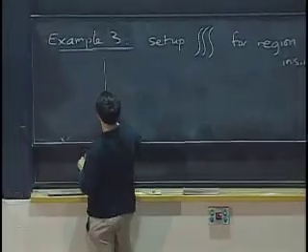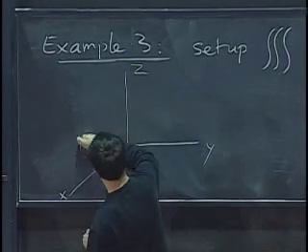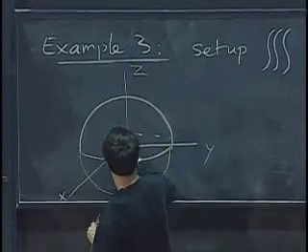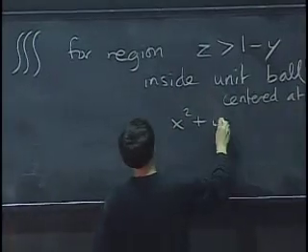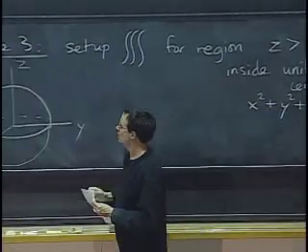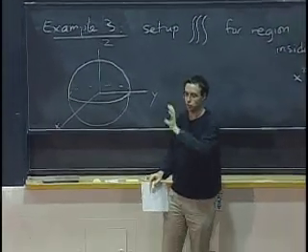So the unit ball is just the inside of the unit sphere. So its equation would be x squared plus y squared plus z squared less than 1. Okay, so that's one thing you should remember. The equation of a sphere centered at the origin is x squared plus y squared plus z squared equals radius squared.